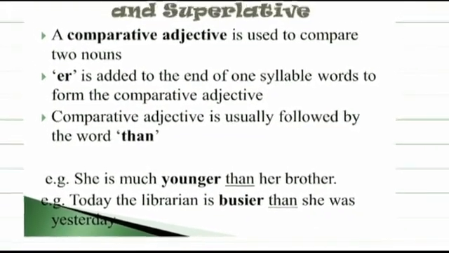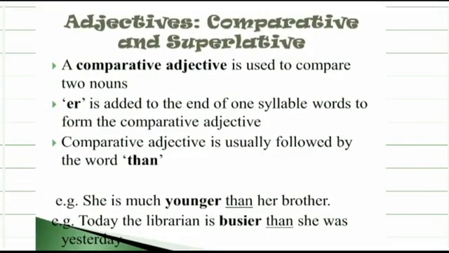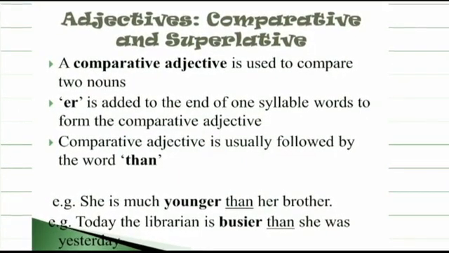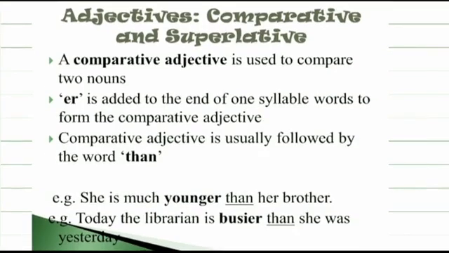So this is what we call comparative and superlative adjectives. A comparative adjective is used to compare two nouns. To form the comparative adjective, ER is added to the end of one syllable words.